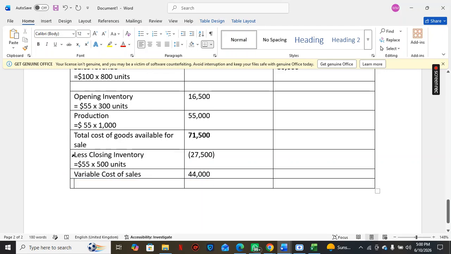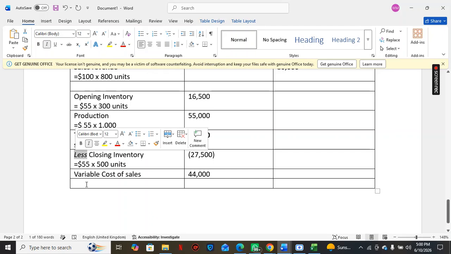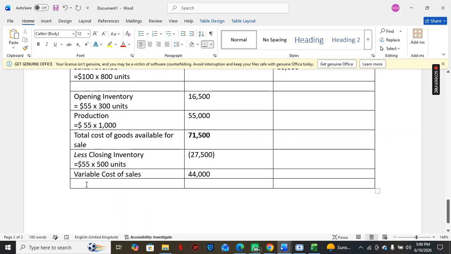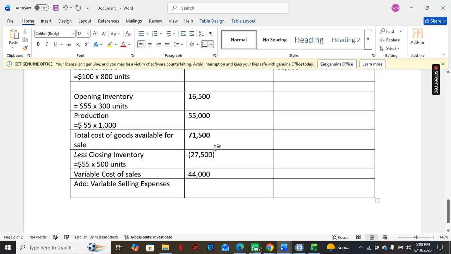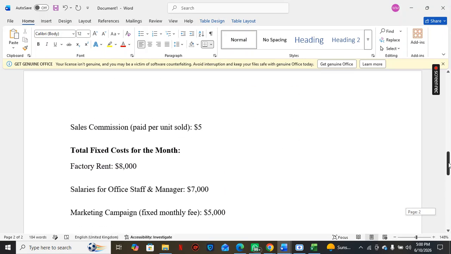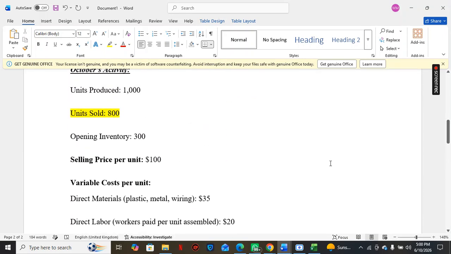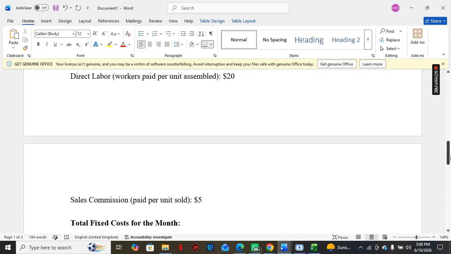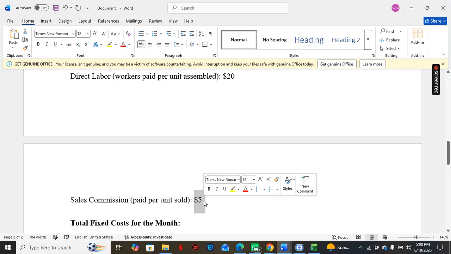Then we're going to add our variable selling expenses. Remember they told us the sales commission is paid per unit sold, $5 per unit sold.